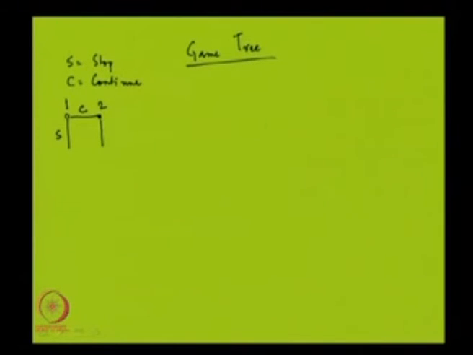Player 2 again can say stop, and again the game ends here. It can say continue, and the game progresses. Then again it is player 1's turn to move, stop and continue. That is the way it moves on, and you can see why it is called the centipede game.